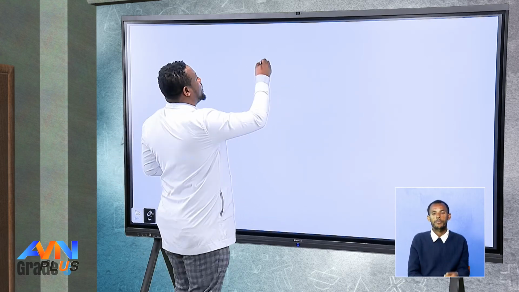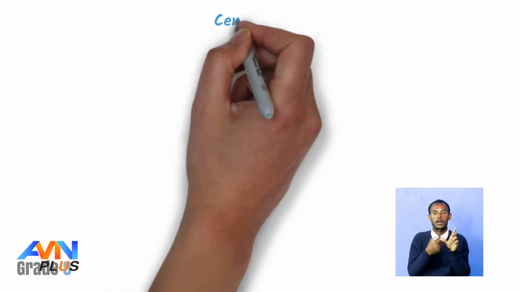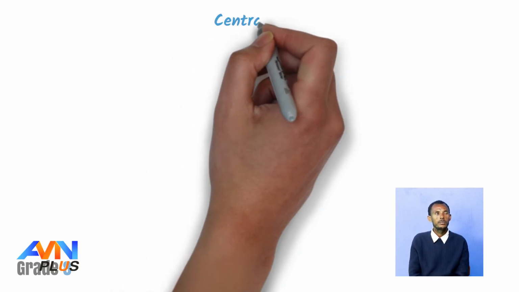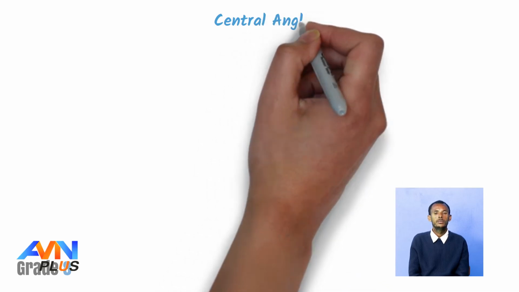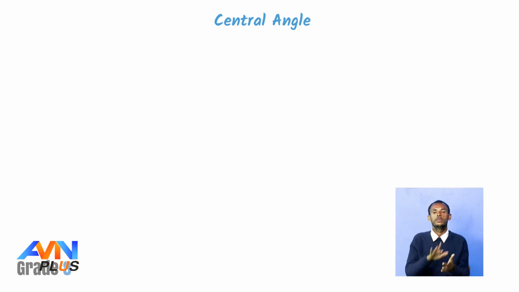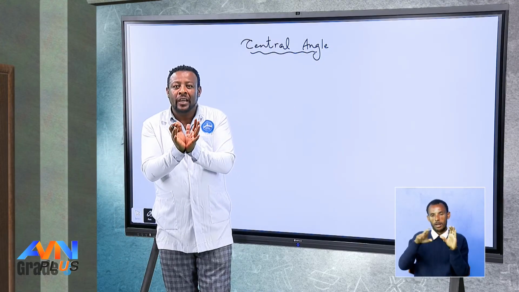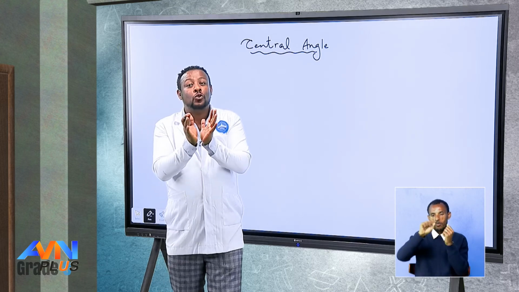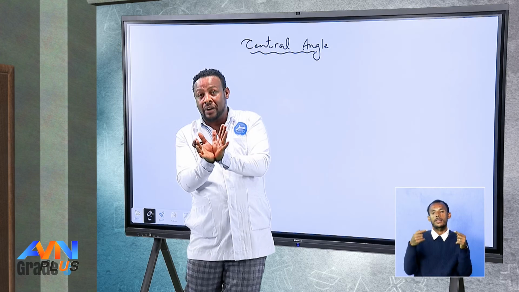That is central angle. A central angle is an angle formed by two radii, okay? An angle formed by two radii where those radii clearly intersect at the center, okay?